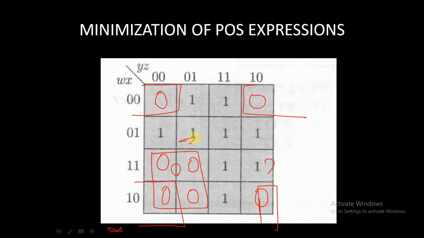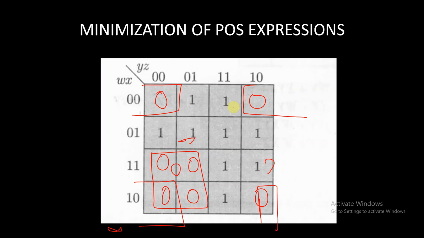Now using these groups I can write the answer in POS form, that is f, which is equal to this group. You can write it here: y bar z bar, y bar z, y z, y z bar.